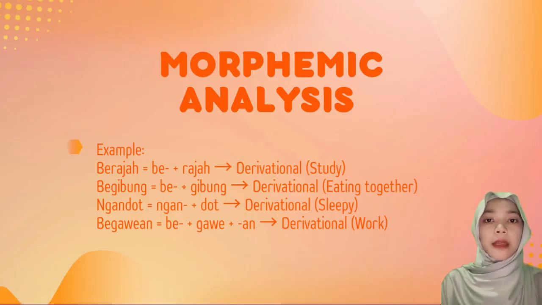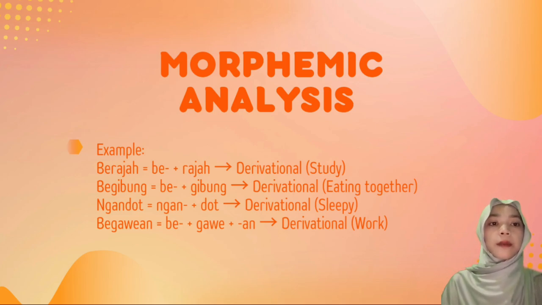For example, beraja comes from B plus raja, meaning study, and bagawean comes from B plus gawe plus an, meaning work, and ngandot comes from ngan plus dot, meaning sleepy.